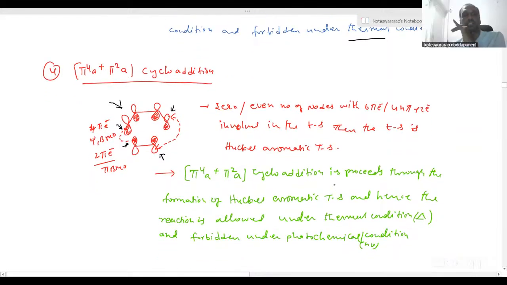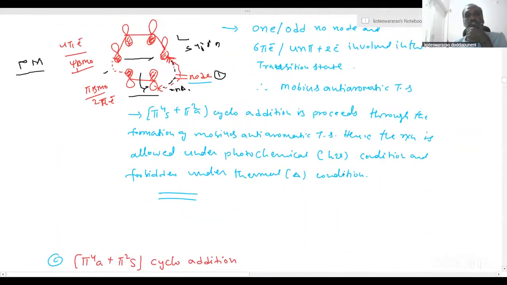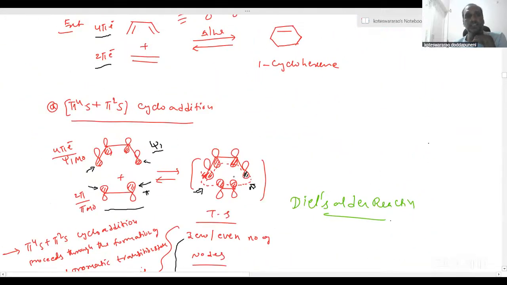Here you need to understand that pi 4s plus pi 2s, and pi 4a plus pi 2a, both reactions are Diels-Alder reactions. But in the first case, wherever I have indicated the Diels-Alder reaction, all are supra modes of interaction. For the supra mode of interaction, there is no need of bond rotations.